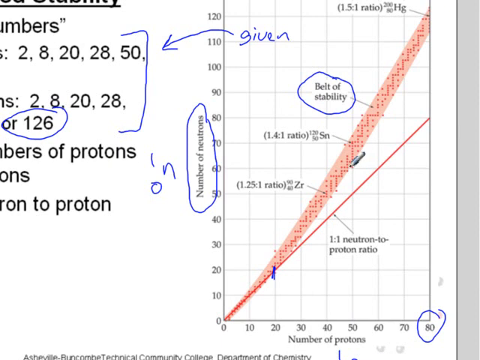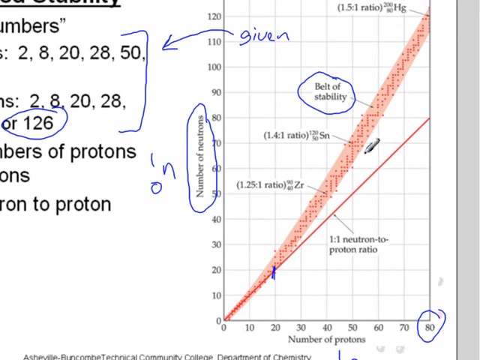Some may be more stable than others, but they're all going to disintegrate at some point or another. So whatever I talk about for mercury here, this 1.5 to 1 ratio that I'll calculate in a second, that band just keeps extending up with the same slope, if you will. Okay.